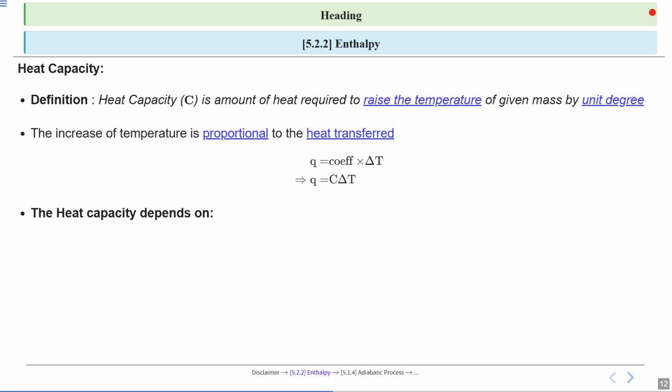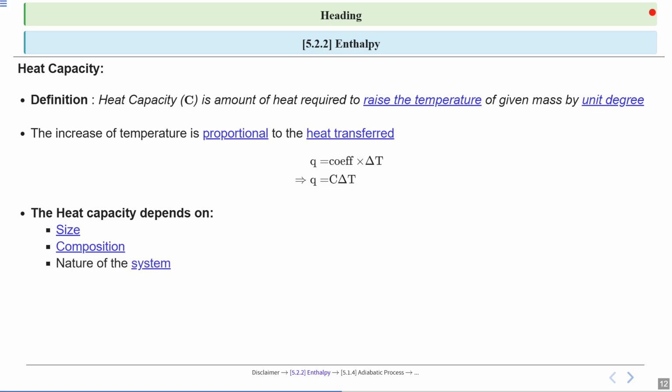Now, this C that you have seen right here, we already know what it is. It is your heat capacity. This heat capacity depends on various things. First is the size. The greater the size, the greater the amount of heat you will require to supply to the given substance. Second is composition. It is dependent upon the composition of the matter whose temperature you are trying to raise.